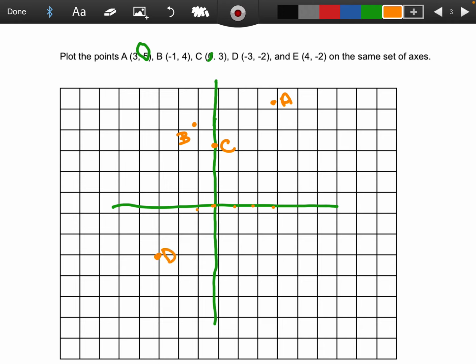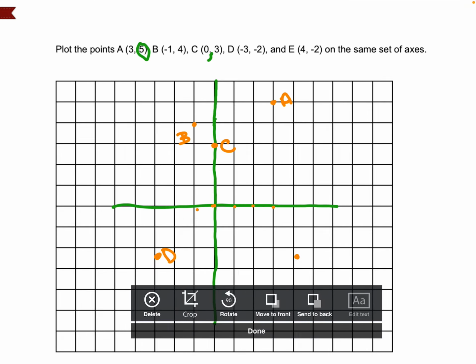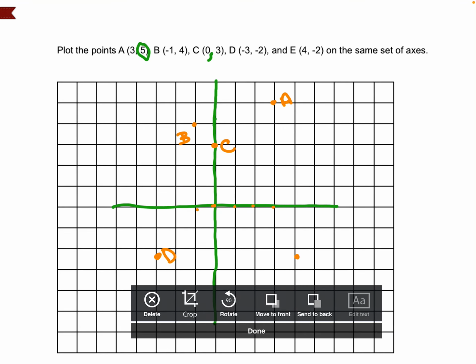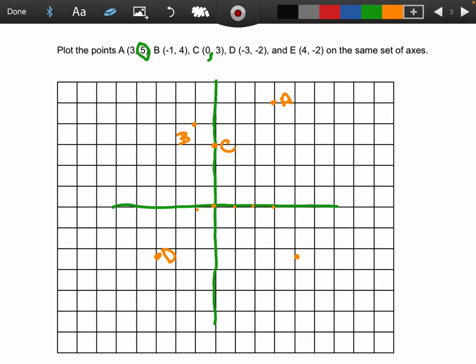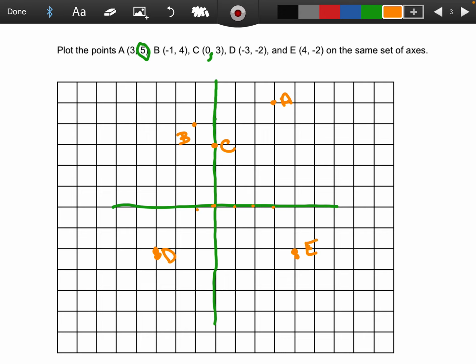So this will end up being down there for D. And then we've got E at 4, 1, 2, 3, 4, and -2. Apologies about how that got shifted just ever so slightly. There, that's better. Oh, but now D is off. So let's move D back up there. And then E will be there.